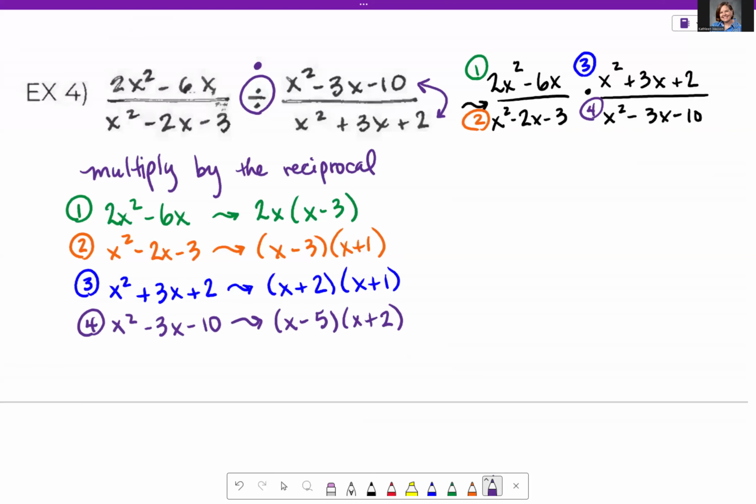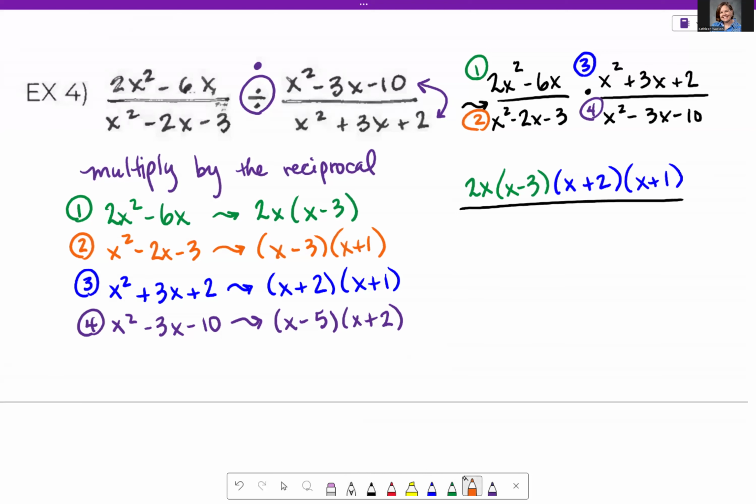When I write this all together, factored, I have 2x times x minus 3 times x plus 2 times x plus 1. This is my entire numerator, factored.